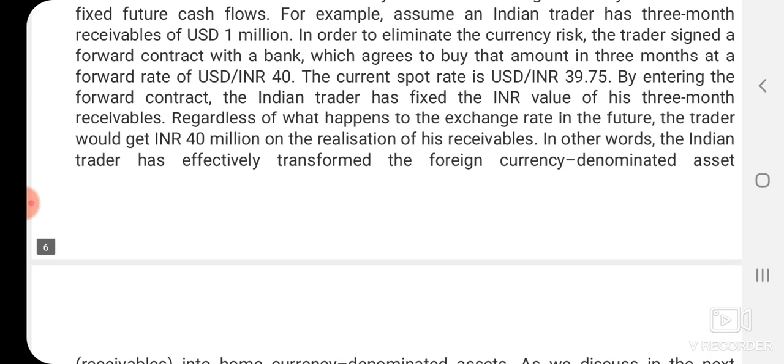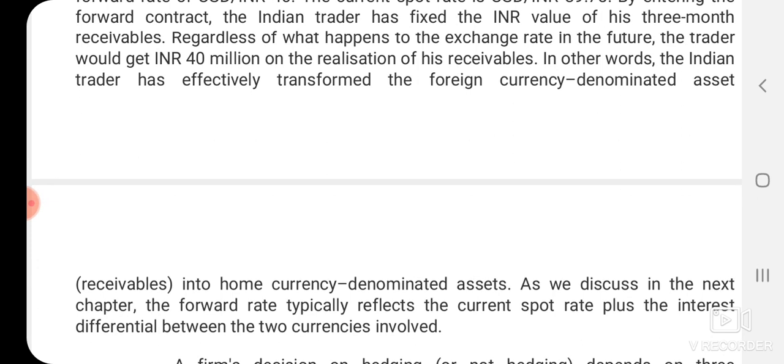See here, the trader would get the Indian rupees of 40 million on the realization of his receivables. In other words, the Indian trader has effectively transformed the foreign currency denominated asset receivables into home currency. That means transformed from US dollars into our country currency, Indian rupees.